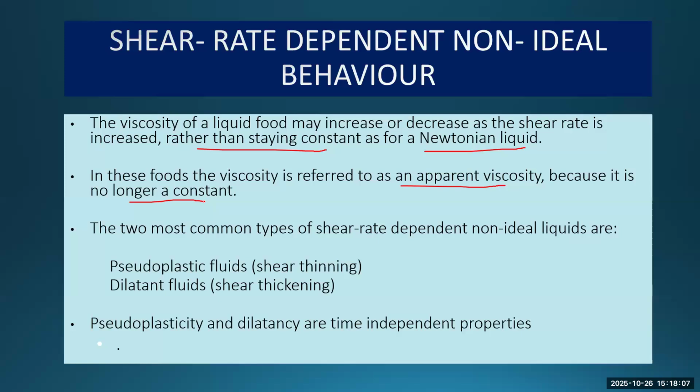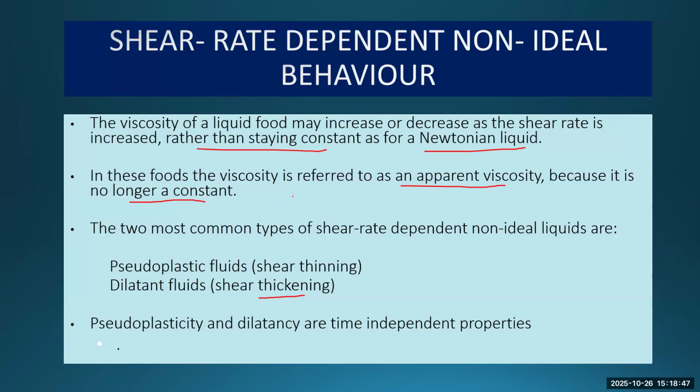So for those liquids, if you increase or decrease the shear rate, they will behave differently from a Newtonian liquid. Some liquids behave as pseudoplastic fluids, shear thinning, or shear thickening liquids. So they are all shear rate dependent. If you increase or decrease the shear rate, they will behave differently.